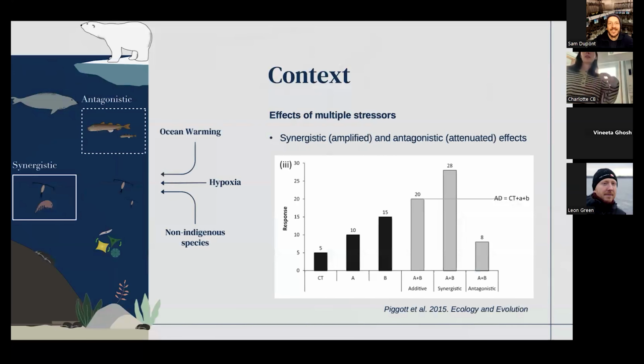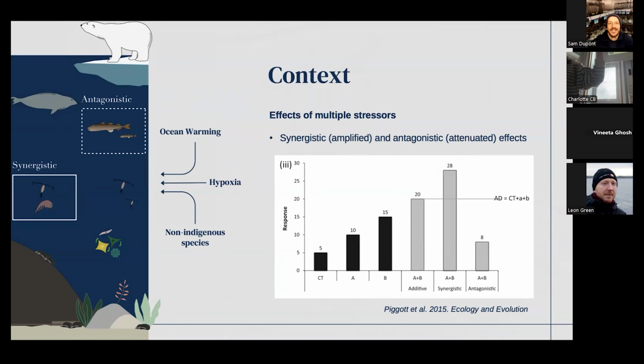Of course, we can see the effects of multiple stressors. You've probably heard about synergistic and antagonistic interactions. When multiple stressors are present at the same time and at the same place, they can create what we call synergistic effects. If we look at this simplified figure, there's going to be a stressor A that has an effect compared to the control, an impact of 5, let's say here.